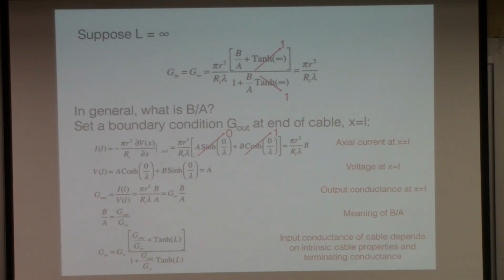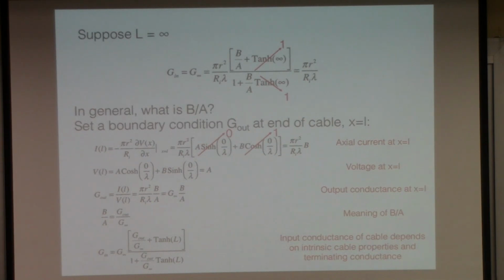And the expression comes in terms of the length of the cable normalized by the space constant, that's the capital L, and these two other membrane parameters. The G infinity term is the input conductance of a semi-infinite version of this very same cable.